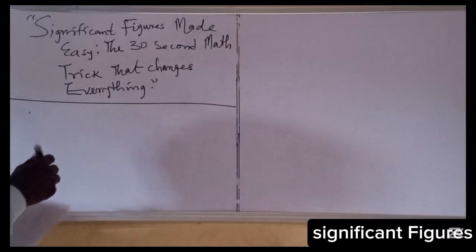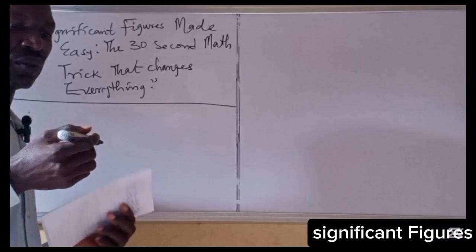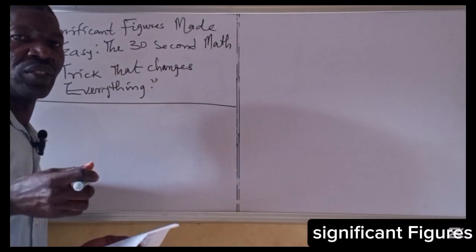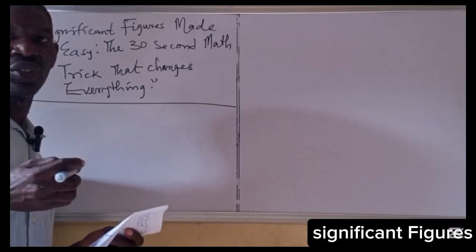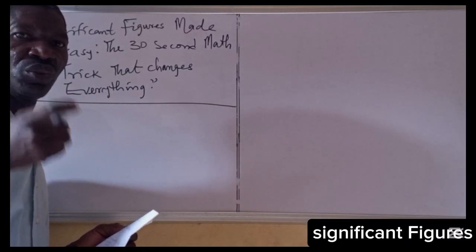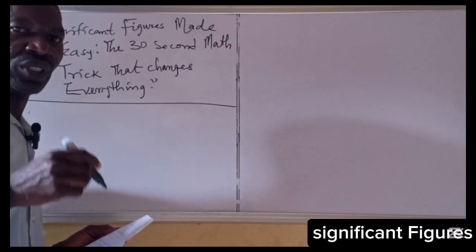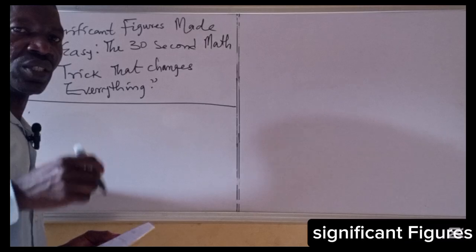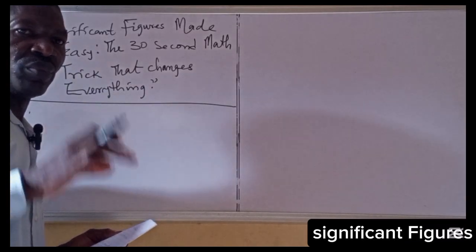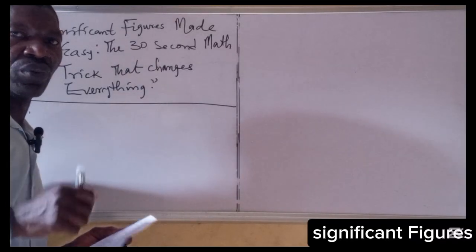I told you earlier that significant figure means figure or digit that is important. When you are solving it, you take note of the position of that number. Also note that the first non-zero digit is a significant figure. Zero before a figure is not counted as significant figure.